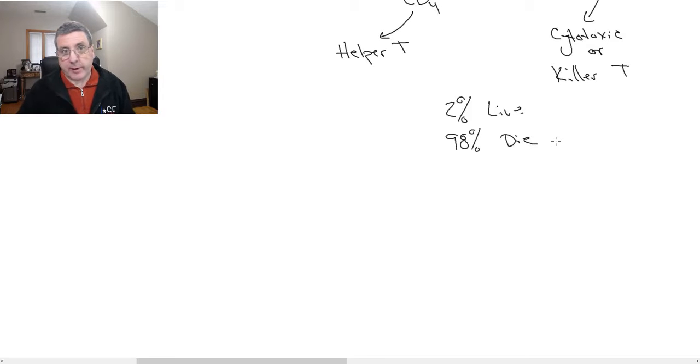And only 2% of you make it. So look around the room, although we're on video now, look around the room, and out of 100 students, only 2 of you survive. So that's pretty tough standards. So this is the specifics for selection and differentiation of T cells.